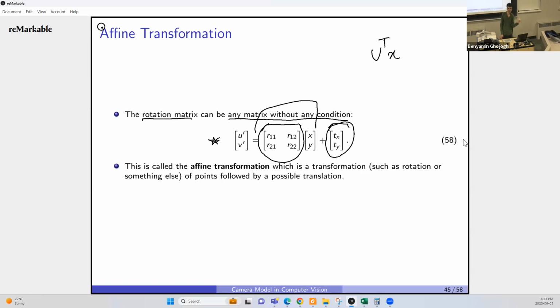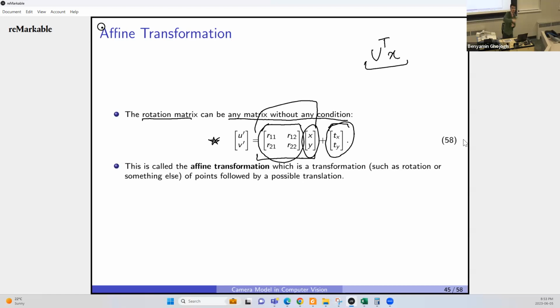It's the space spanned by the columns of matrix U, or the space whose bases are the columns of the matrix U. So you can see this as the projection of XY onto the column space of this matrix. But as this matrix is a square matrix, we haven't truncated some of its columns. We are projecting in the same space.